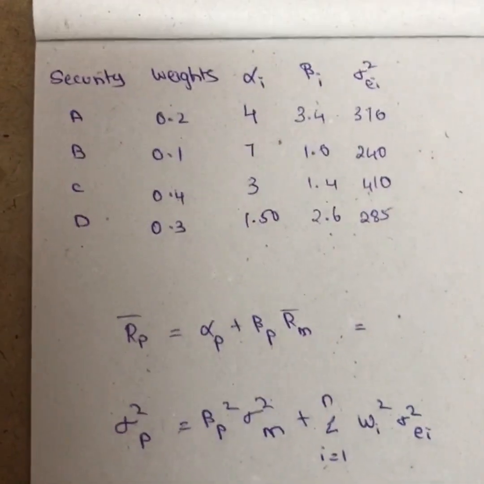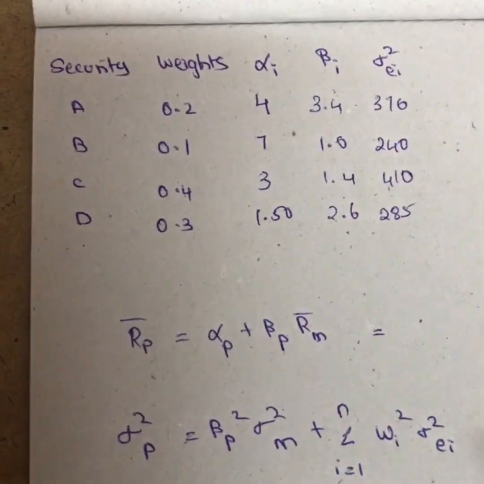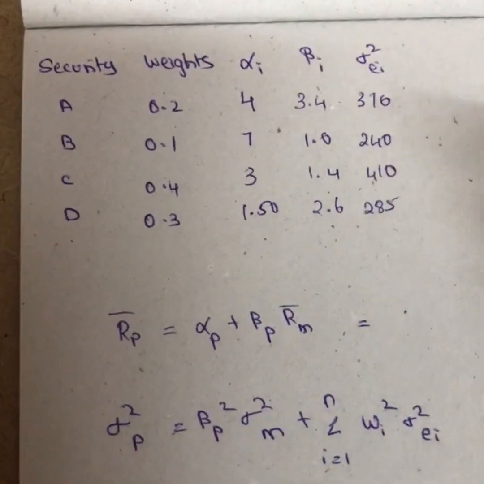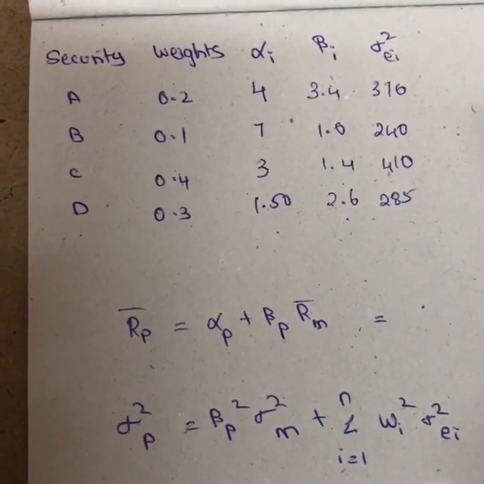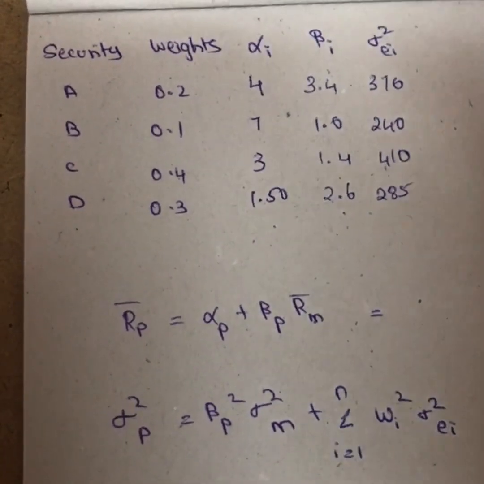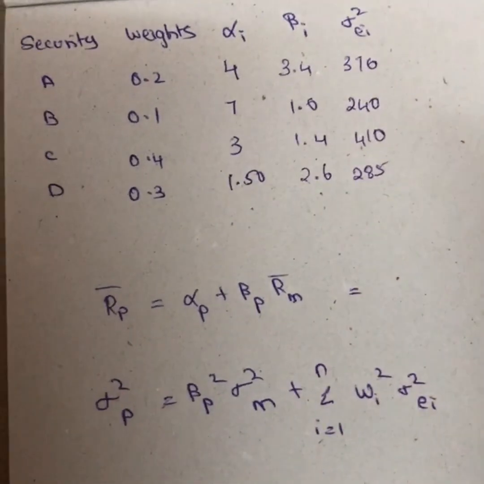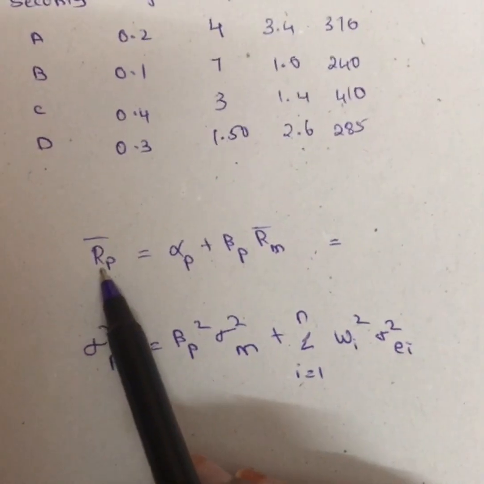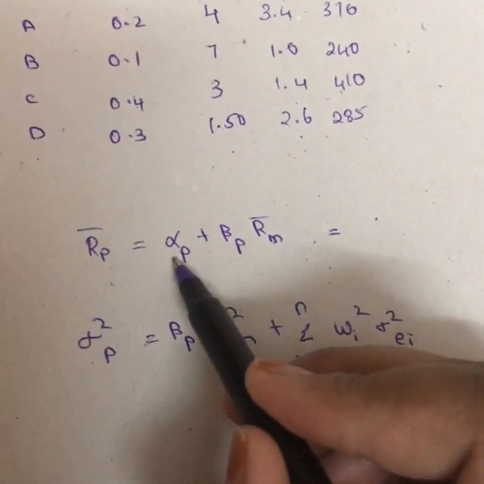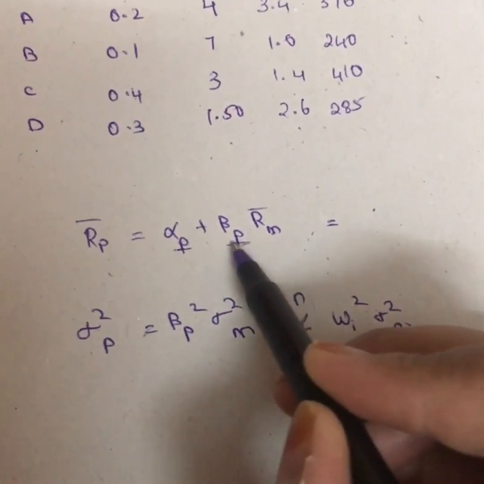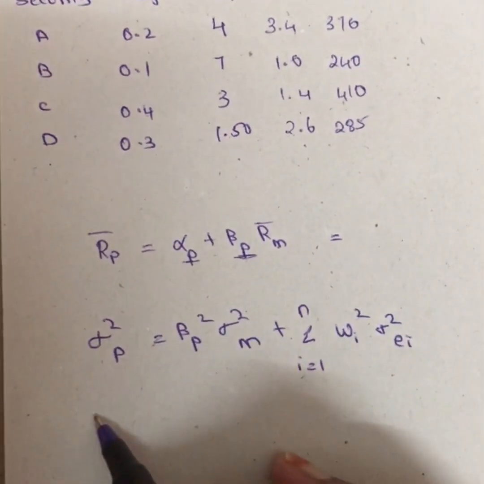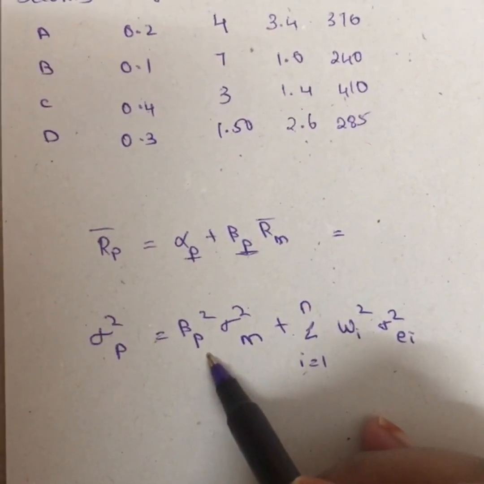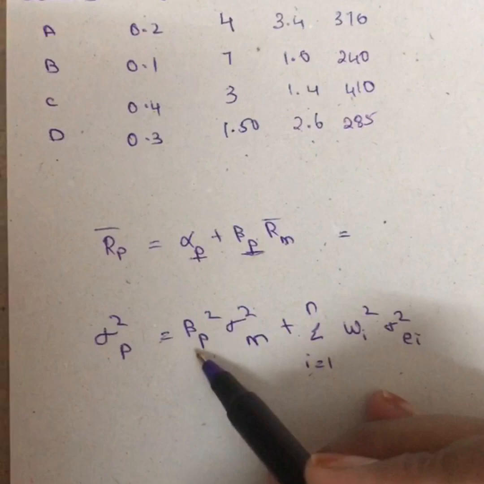When we are calculating portfolio return and risk, girls, we have a few other calculations apart from the formula. We have to multiply weights with alpha and weights with beta. In return we have to calculate this, and under risk, for beta of the portfolio we can take the value from here and just square it.